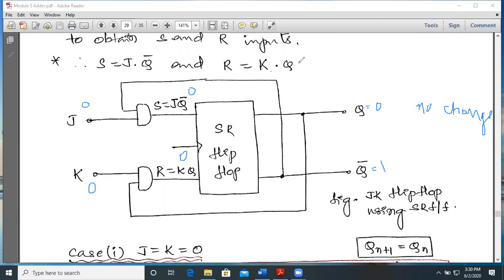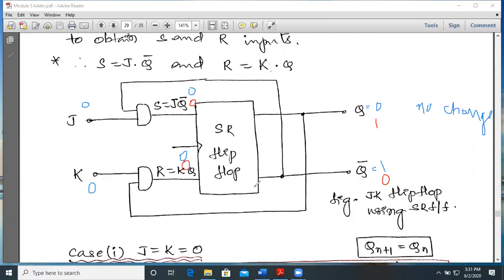Now let us go for Q is equal to 1 and Q bar is equal to 0. If we assume Q is equal to 1 and Q bar is equal to 0, what will be the input S? The input S will also be 0. And what about the input R? This will also be 0, right?